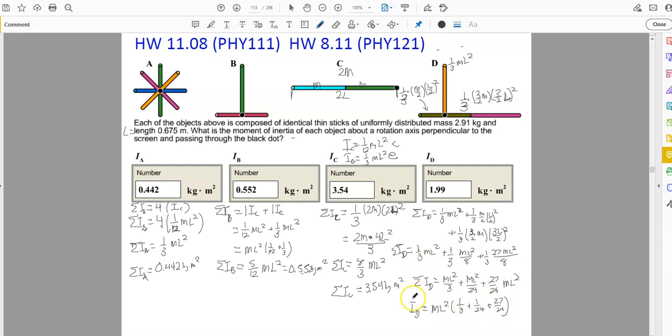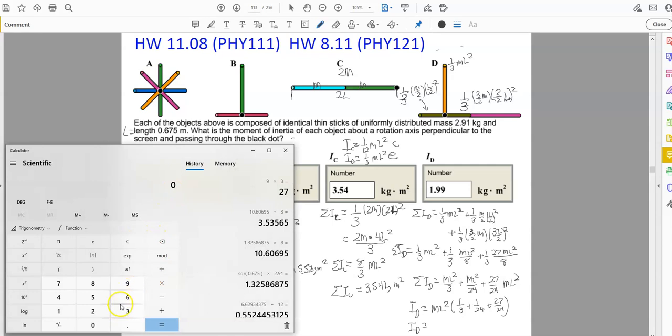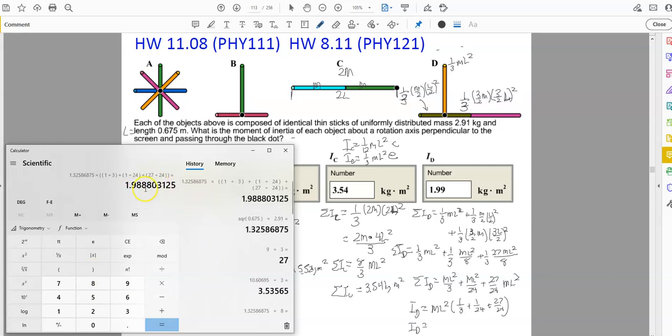So the moment of inertia at D, when I do all that: 0.675, squared, times 2.91, multiplied by (1 divided by 3) plus (1 divided by 24) plus (27 divided by 24), equals 1.9888.